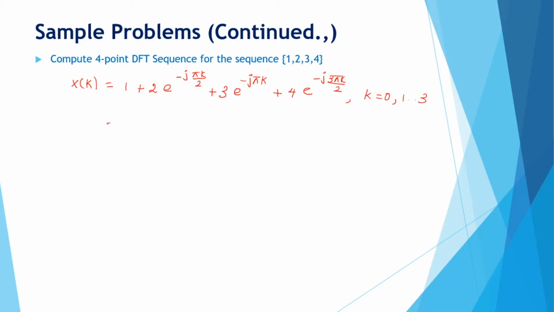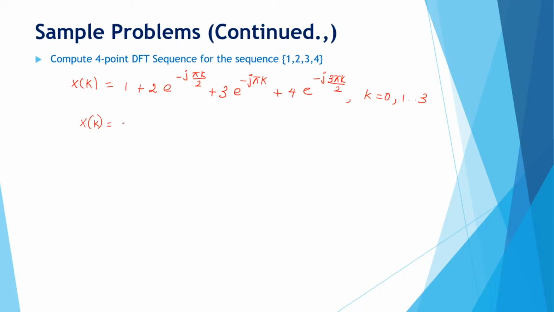Now you want to find x of k for different values. Before that, we can expand these e power j terms in terms of cos and sine. Then I will say how to compute this long sequence using calculator.